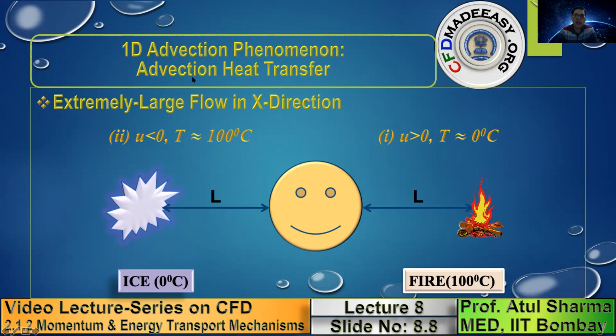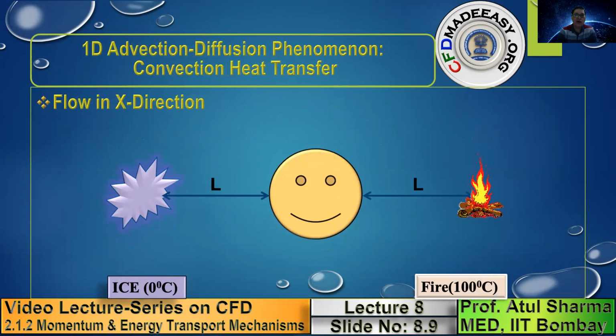That's why we are calling this pure advection heat transfer, which is more of a hypothetical situation than reality. Now, what happens in reality in most cases is not pure advection, but a combination of conduction and advection, which is called convection.